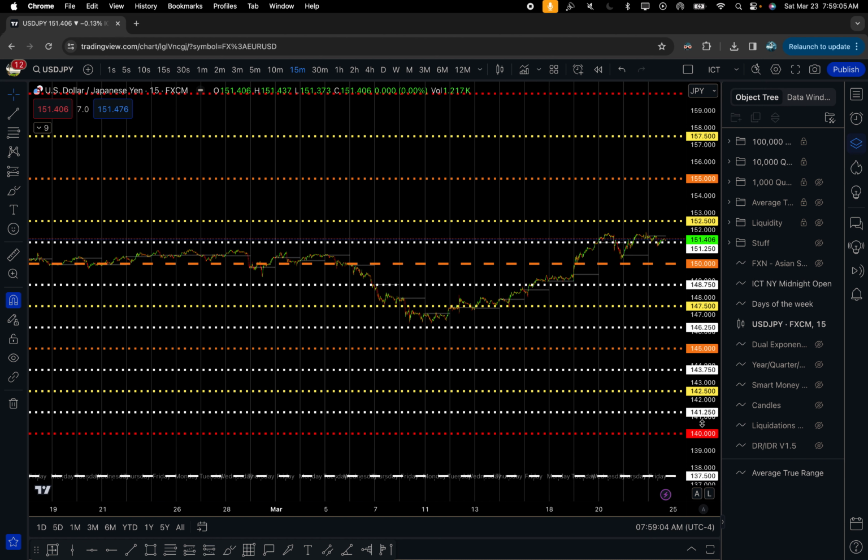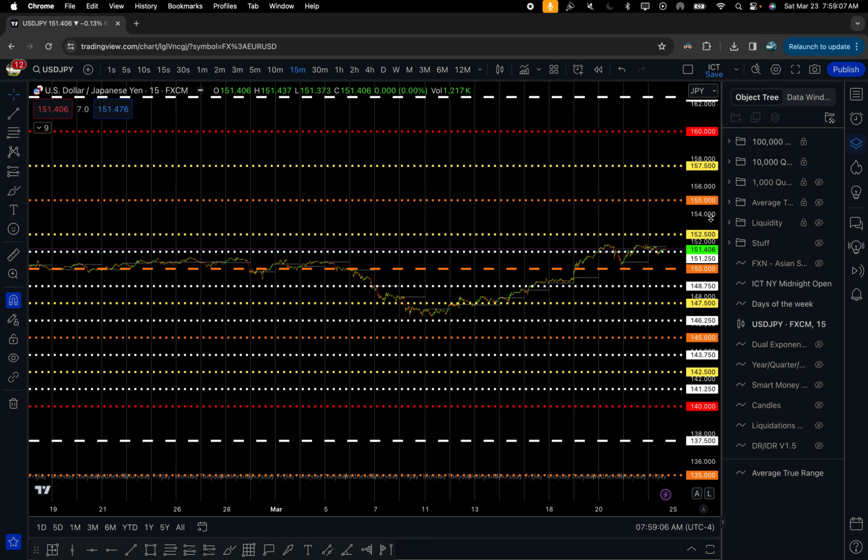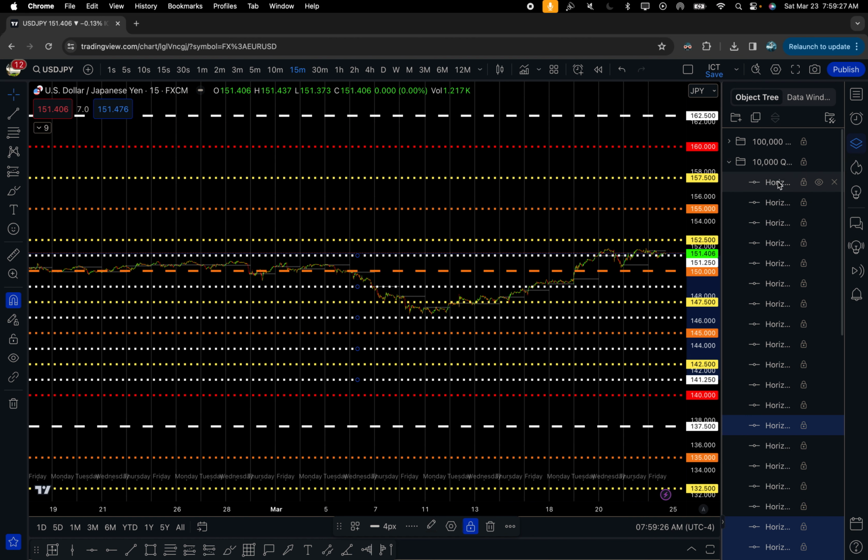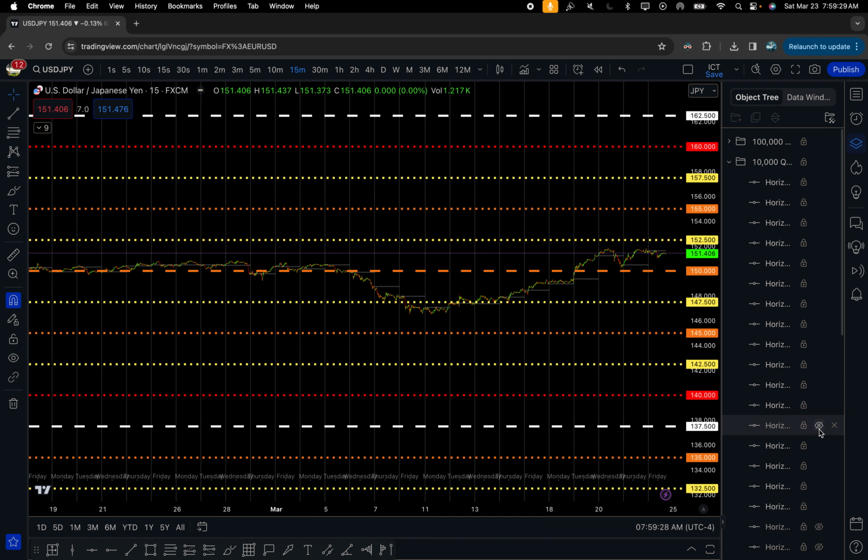So these levels, now you might say, well, it doesn't look consistent. Well, that's because I have these white levels drawn only on this area here.